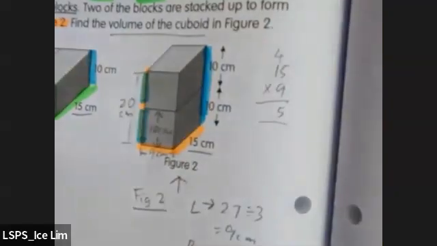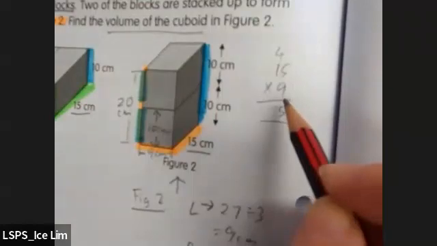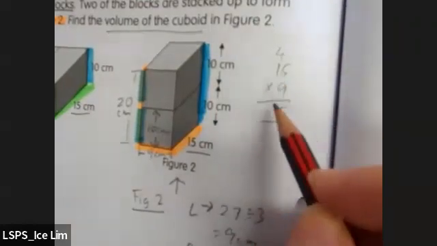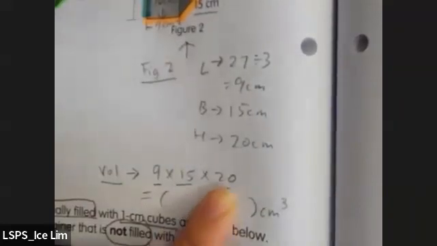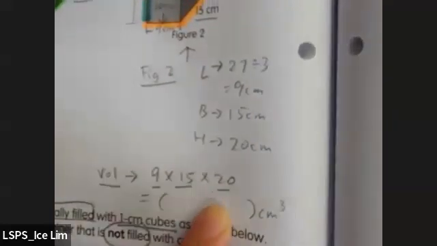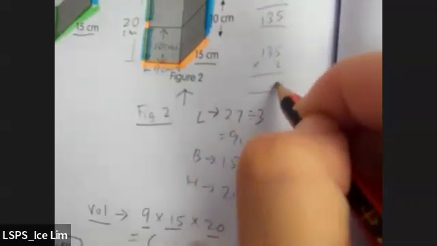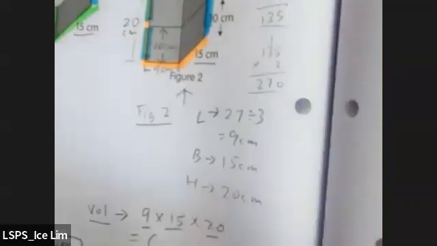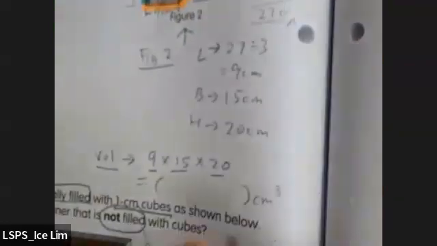So I will try to choose the 5 table I'm familiar with and good at. Okay, so 15 times 9 will be 45, 135. Therefore, 135 times 2, then times 10, so times 20, right? So 135 times 2 is 270. Then 10 times another 10.